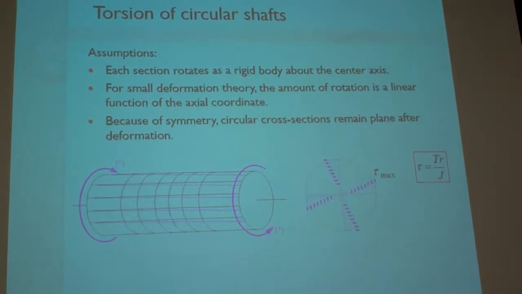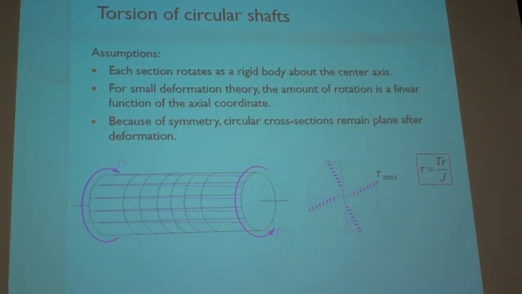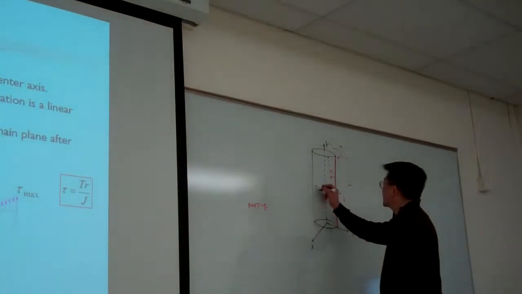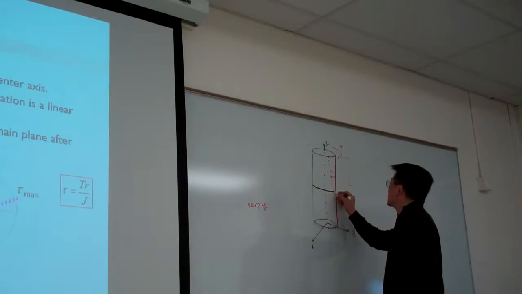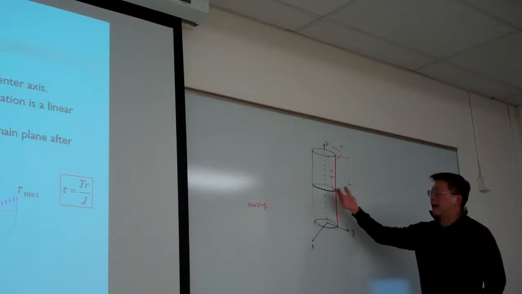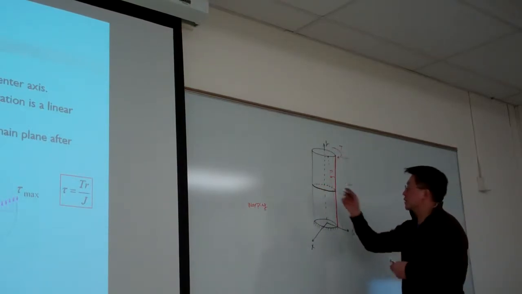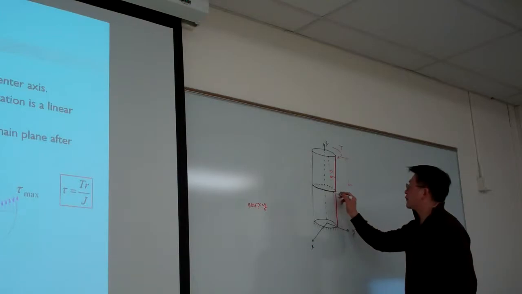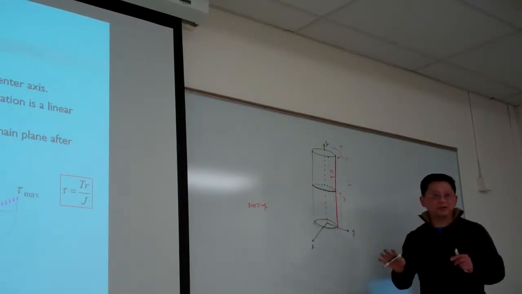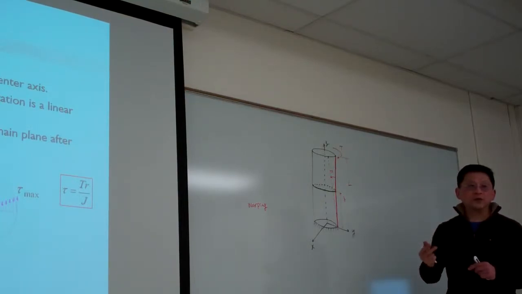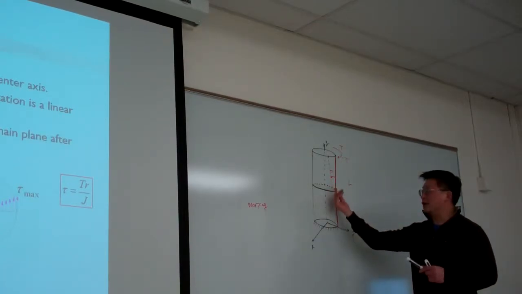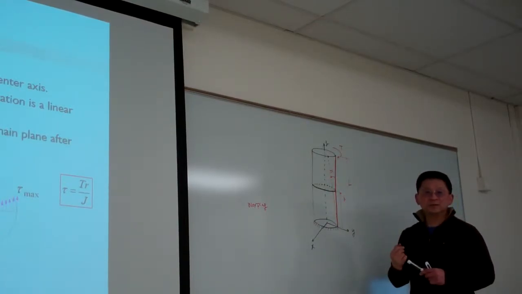The warping is this. Again, let me utilize this as one example. So say this is the cross section here. Okay. After deformation, before and after the deformation, this cross section will remain as a plane. Warping is a distortion such that in a cross section they have z displacement.